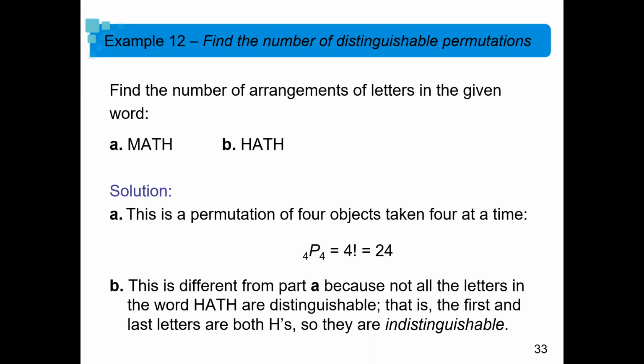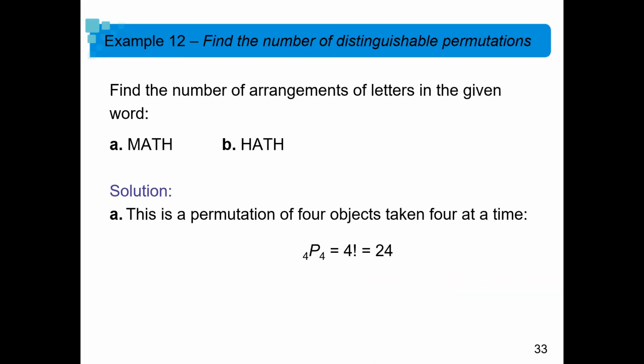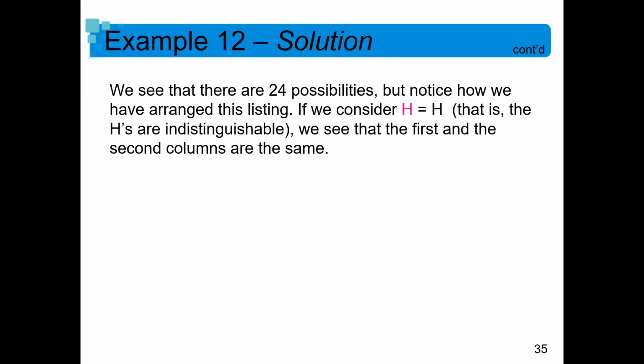So if we make the letters distinguishable by labeling them as red H, A, T, black H, we see now that the list is the same as in part A, right? If red H is different from black H, then this is just a 4 by 4 permutation, and we should get the same answer as part A, or 24 possibilities.